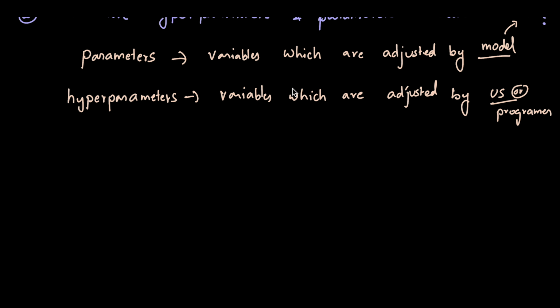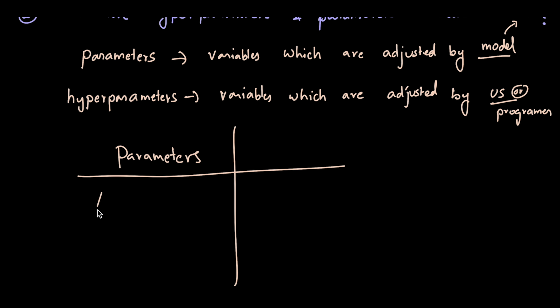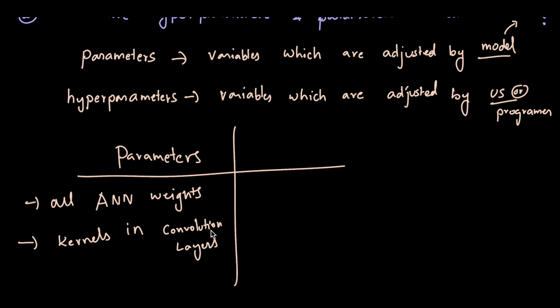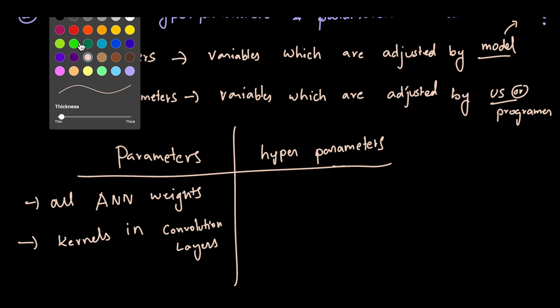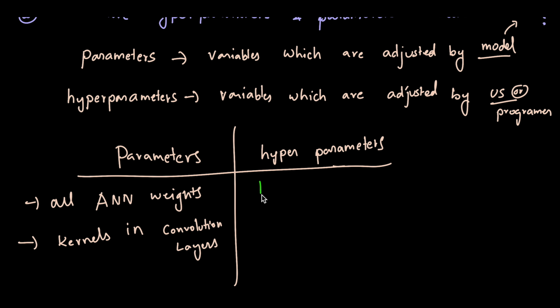Okay, basically what are our parameters in case of CNN? Parameters are simply all ANN weights, because at the last we are having the same ANN structure, and kernels in the convolutional layers. So these will be my parameters. And what are hyperparameters? Now you have so many hyperparameters. In case of ANN, whatever hyperparameters that we thought of, all will be over here also.